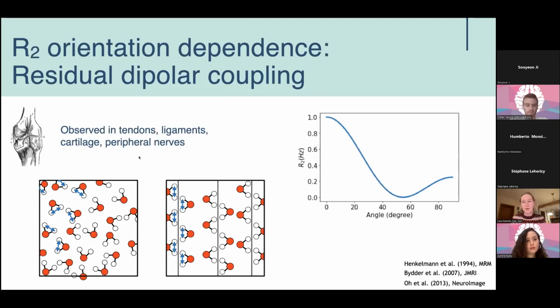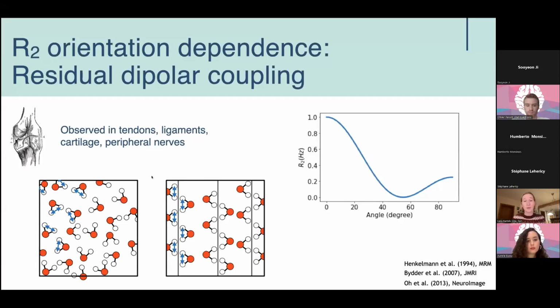In these tissues, the orientation dependency is not attributed to susceptibility differences, but rather to water being found in some kind of structured network. So compared to a sample where the water molecules have all kinds of random orientations, there is a preferred orientation of the water molecules within the tissue. This means that the dipole-dipole interactions within the water molecules are also happening along a preferred line.